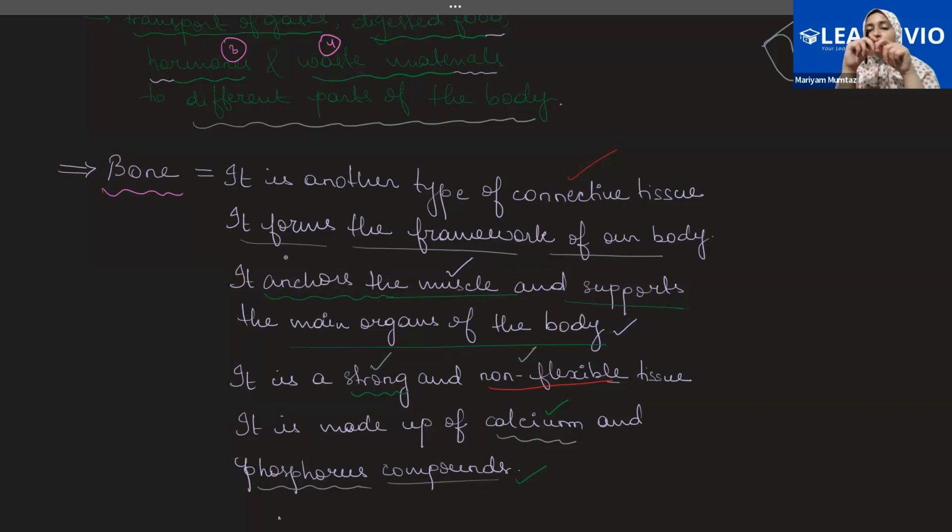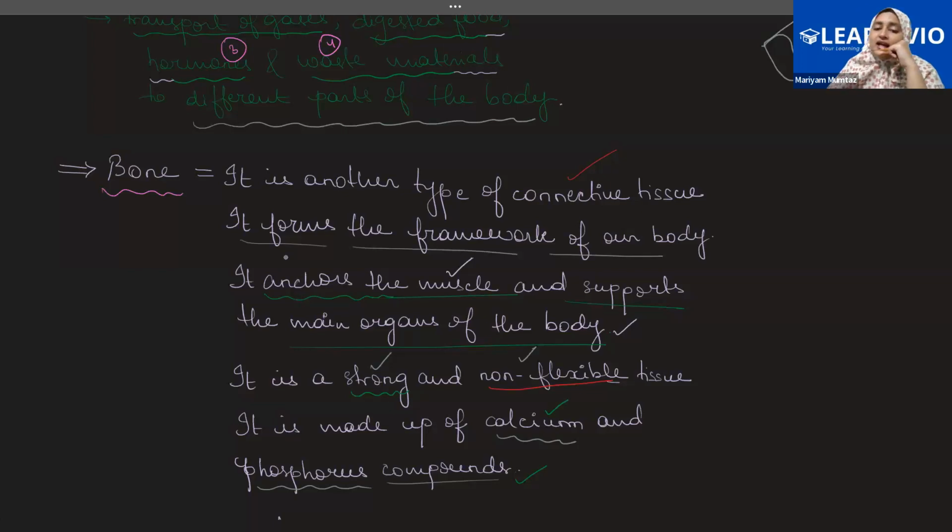So if you try to bend your bone like this, what will happen at the end? First of all, none of you will be able to do that. Secondly, an excruciating amount of pain will happen, and then the bone will fracture, right? Because you can't actually fold your bones. Wherever joints are present in the body, that's the only place the bones can bend. Apart from that, the bones are not flexible, so they can't bend.